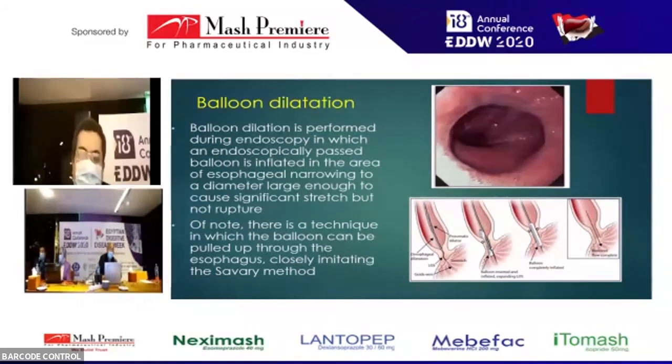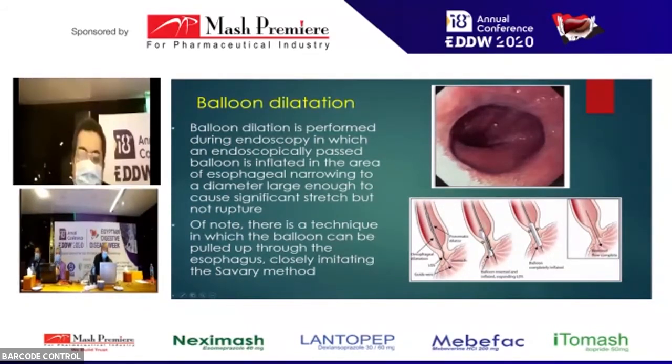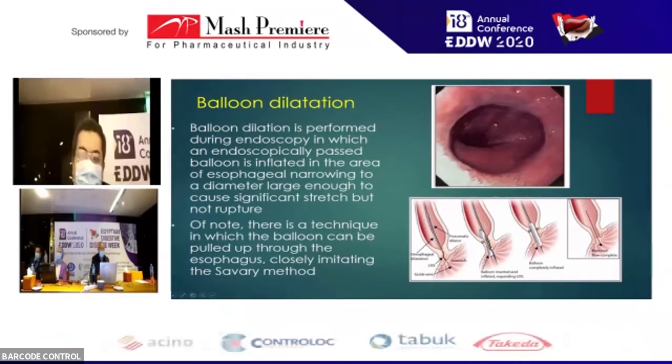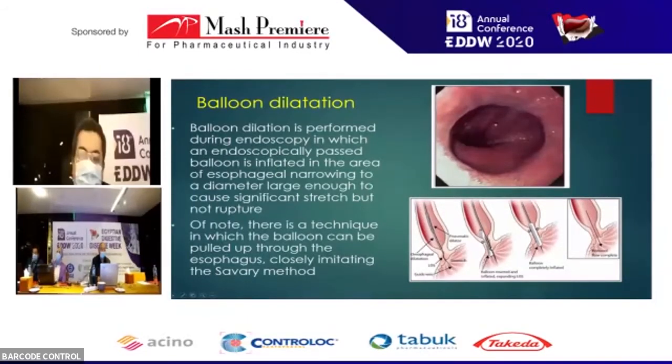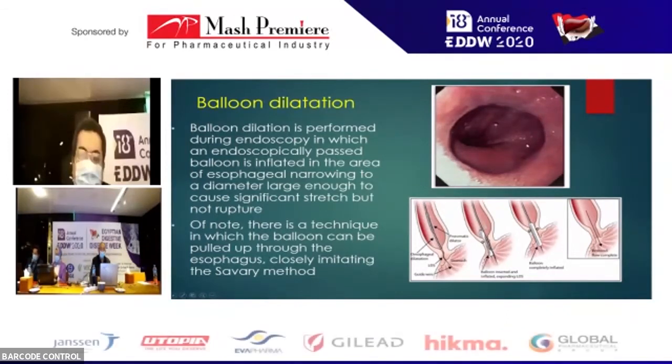As we see, the Savary dilators, 1, 2, 3, all of them have a fixed diameter, and they are long tubes. Firstly, I pass the Savary guide wire inside the stomach. Then I pass the Savary over it. I choose the one which just passes.